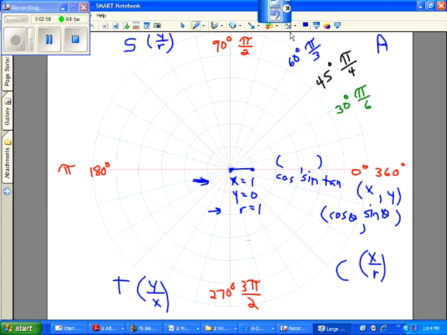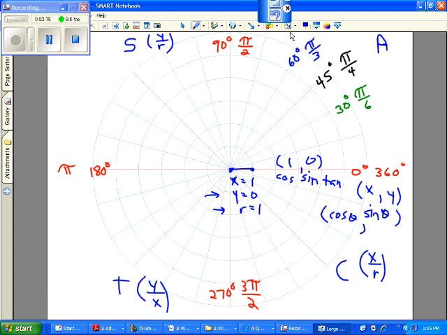And cosine of 0 degrees is 1. Now, if I'm talking about sine of 0, it is y over r, and 0 divided by 1 is 0.